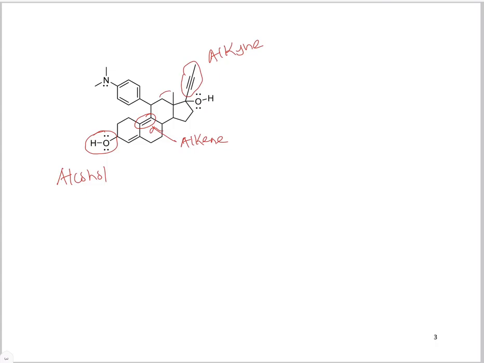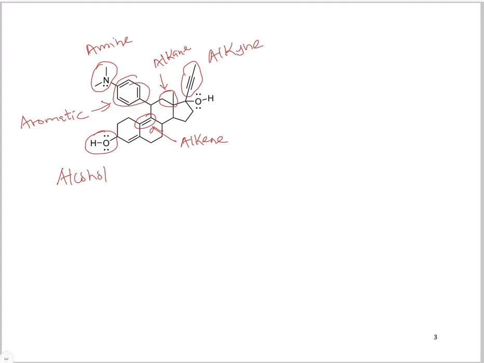I can also see an alkane, just carbon-carbon bonds, no triple bonds, no double bonds, no oxygen anywhere. So this is going to be an alkane. And then we have an amine, nitrogen connected to alkyl groups. And then we have the benzene, which is an aromatic compound. So we can say that is going to be benzene, or we can say it has an aromatic compound attached.